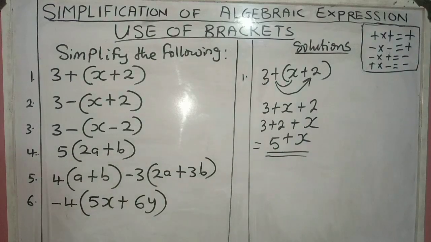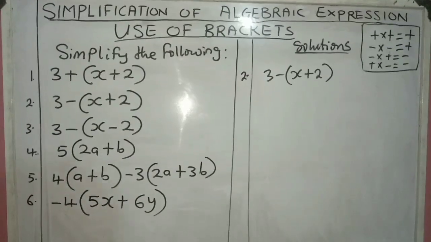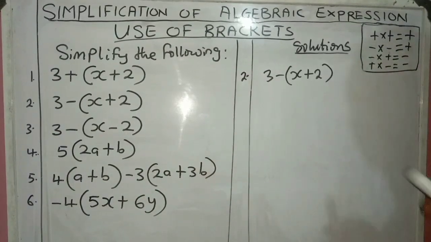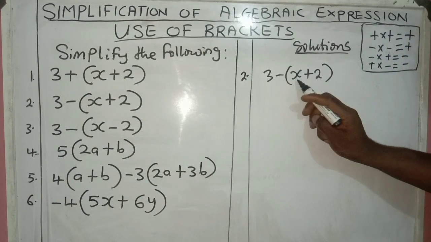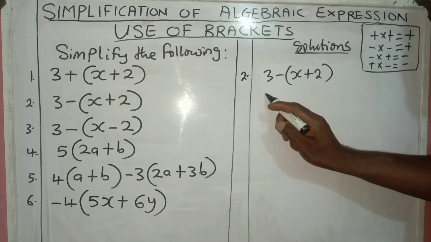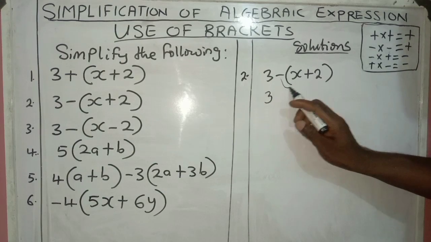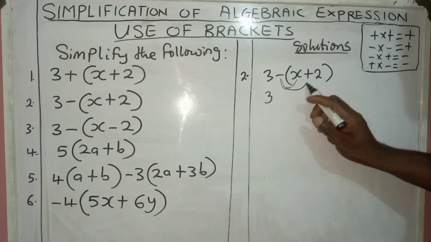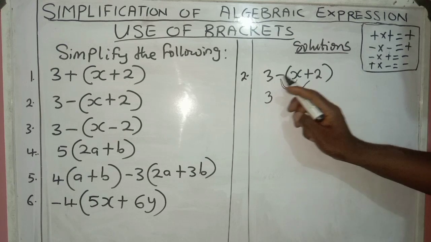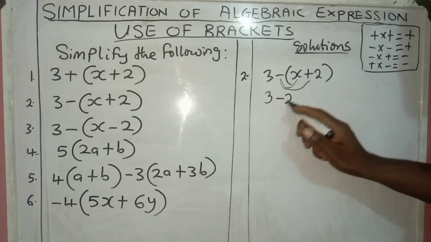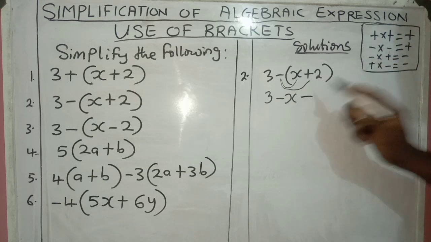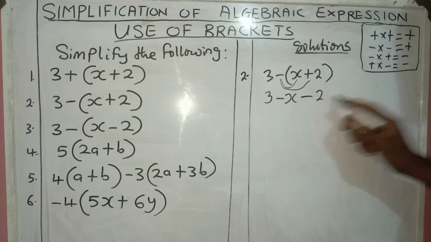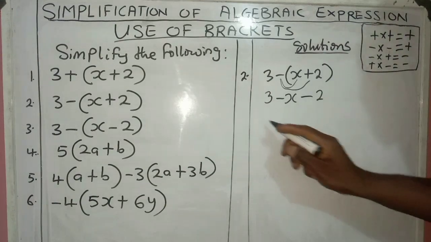So let's move to number 2. Now for number 2, what we use to open the bracket is minus, because minus is what is attached to the bracket. So we write 3 minus, and we use it to multiply x. After that, minus will multiply plus 2. So minus times x will give us minus x. Then minus times plus, like you can see here, is a minus. That will now be minus what? 2. So we can now collect like terms.